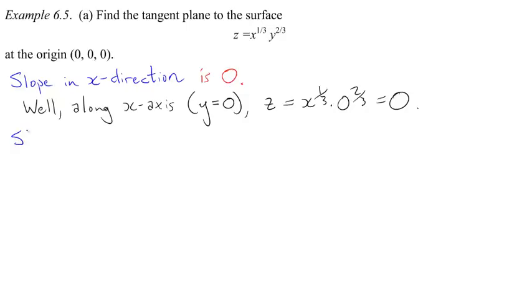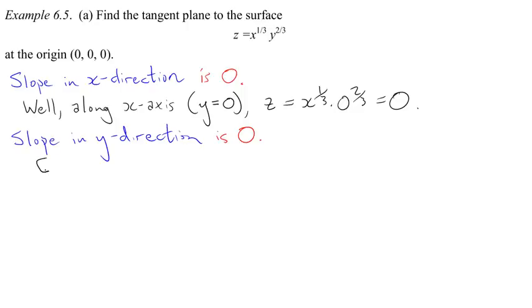And similarly, by similar reasoning, you can say that the slope in the y direction is 0. If you plug in x equal to 0 into that equation, you'll of course get 0. So z is not changing along the y direction either. It's 0 along both axes.